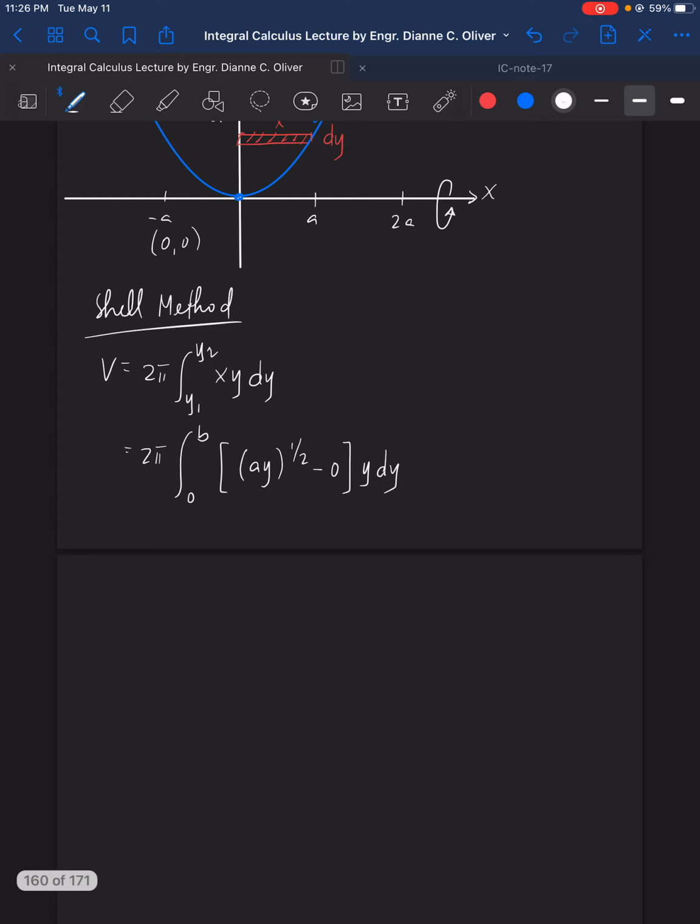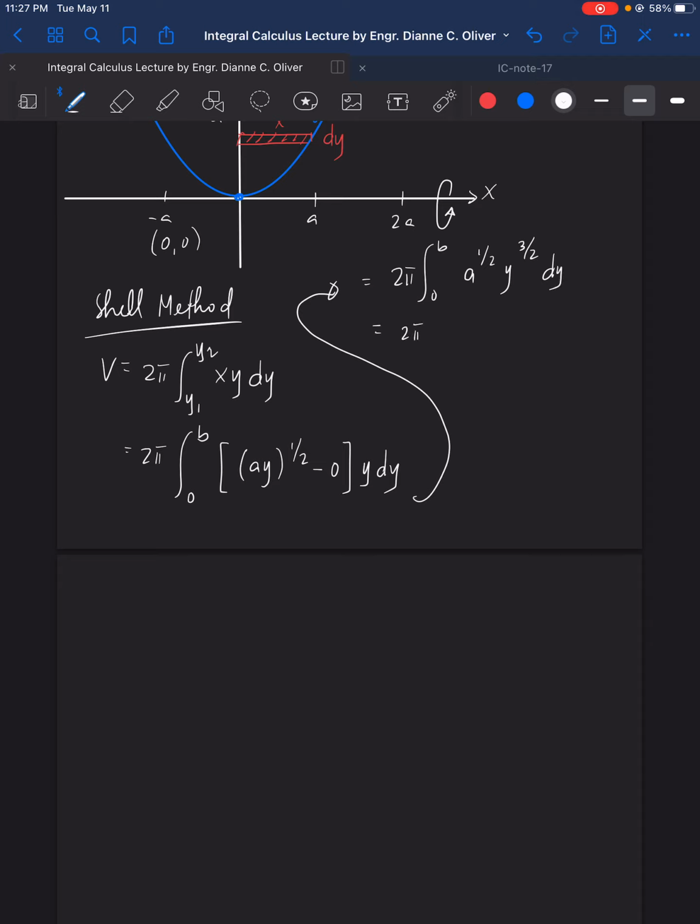Okay, so let's use this extra space here. So that becomes 2 pi. And we integrate that, before we integrate, 0 to b. So that is a raised to 1/2 y raised to 3/2 dy.